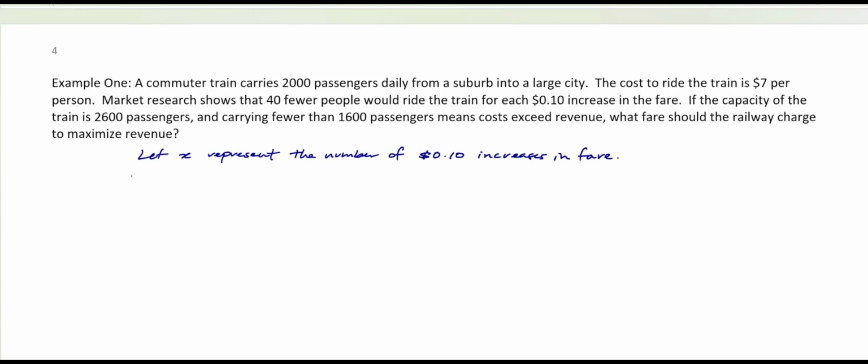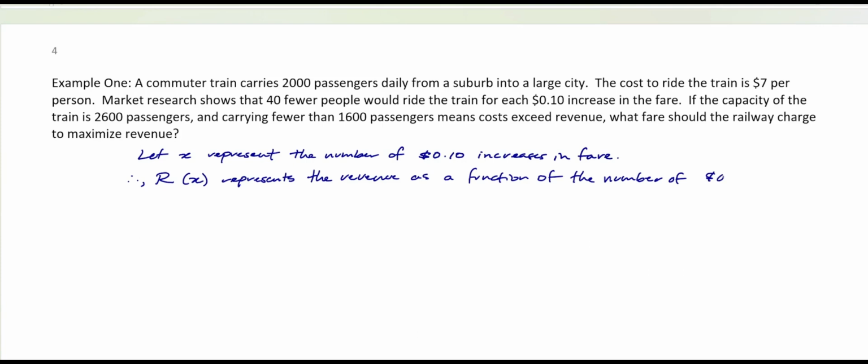Okay. Then you will have a revenue function. Revenue as a function of x represents the revenue as a function of the number of 10-cent fare increases.